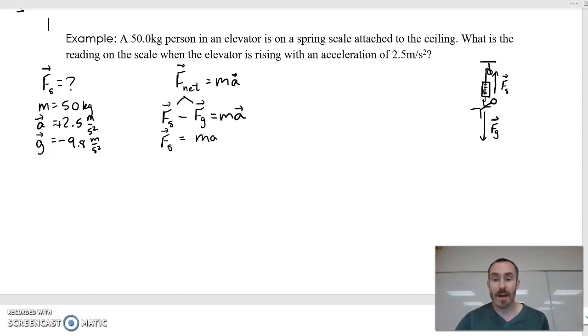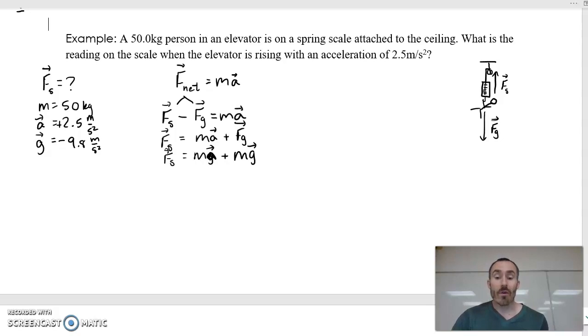So this is ma plus Fg. Okay, but I don't know what the force of gravity is, so just like in the previous one, I'm going to expand that into its equation. Okay, so now I have ma plus mg, let me fix this, this should be an a, not a g, equals the spring force.